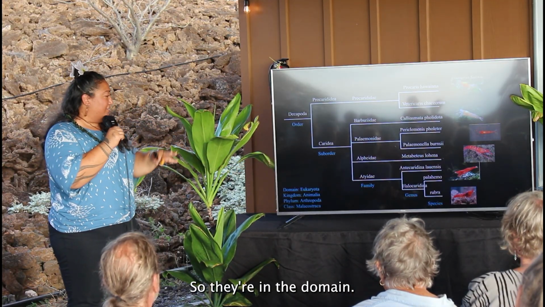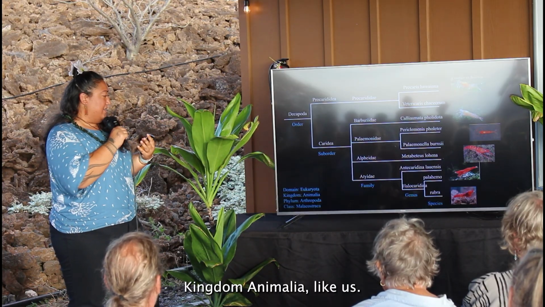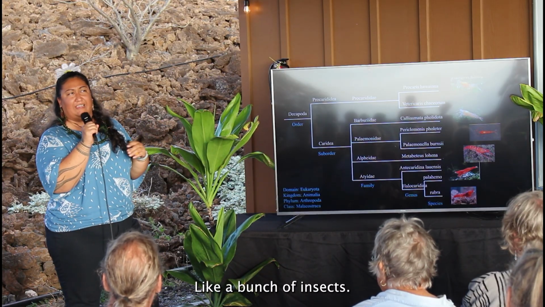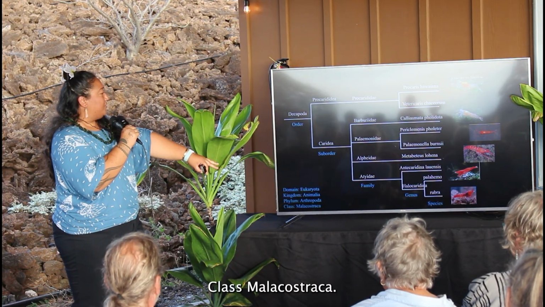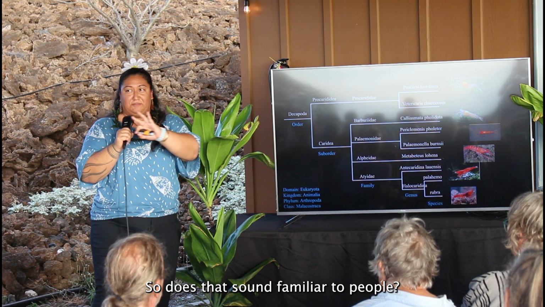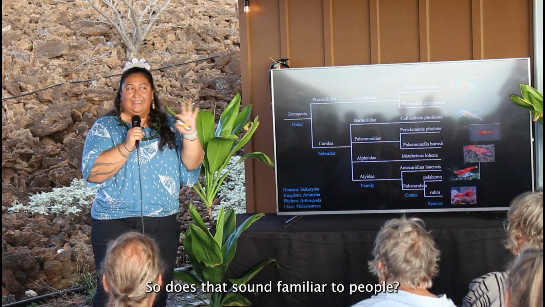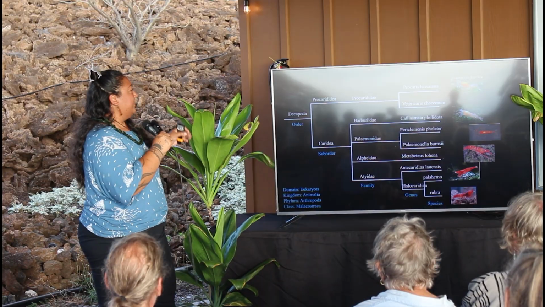So they're in the domain Eukaryota, like us, kingdom Animalia, like us, phylum Arthropoda, like a bunch of insects, class Malacostraca, and then the order is Decapoda. Does that sound familiar to people? That's the one that crabs, shrimps, and lobsters are all in.